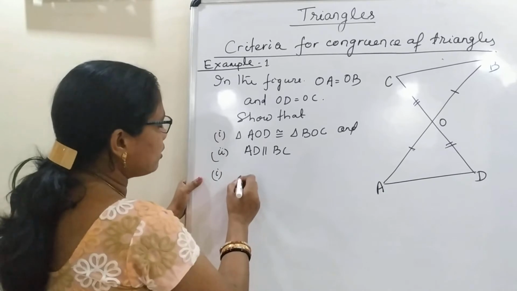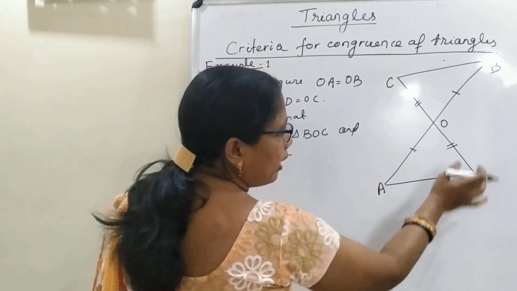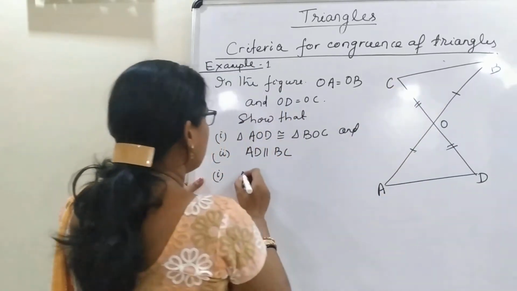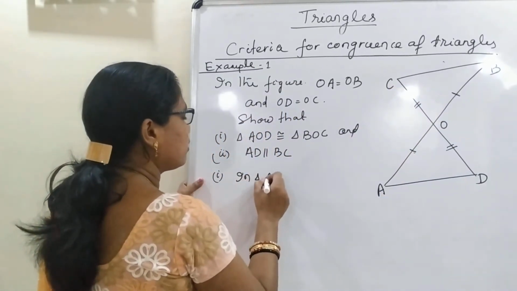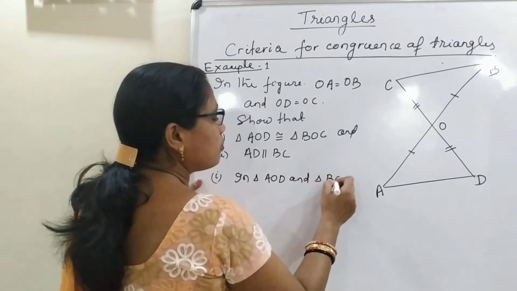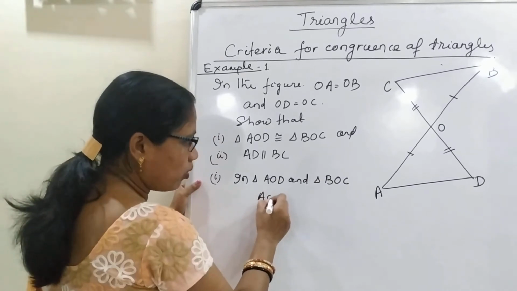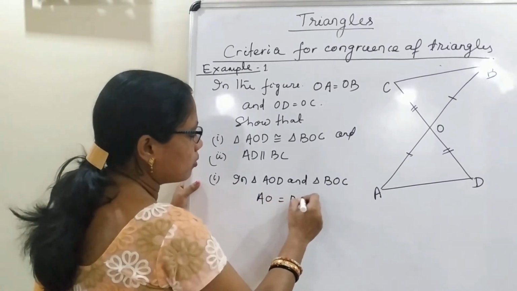Here we will take two triangles, AOD and BOC. What are the equal parts? AO is equal to BO, given.